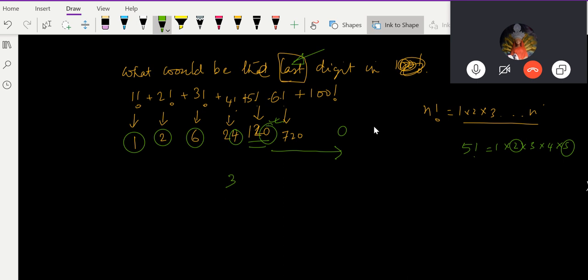What would be the last 2 digits in this?